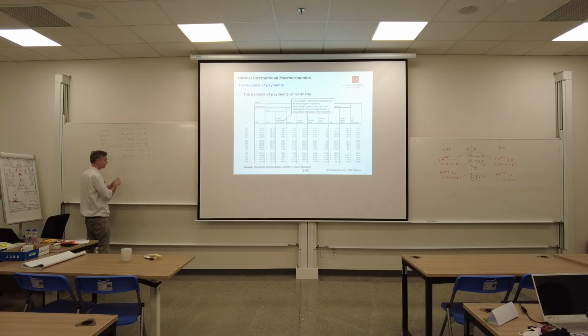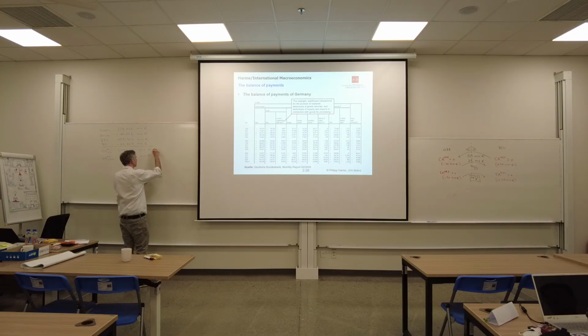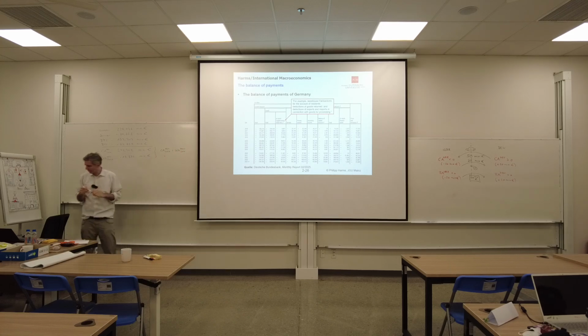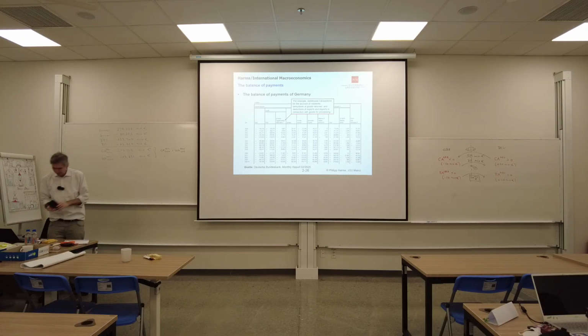Okay. Now, if you add that, you get, and I should have done that before, but I can do it live. I used to say that people should use their calculators, but of course that's ridiculous.